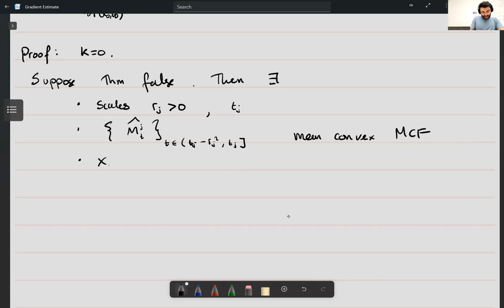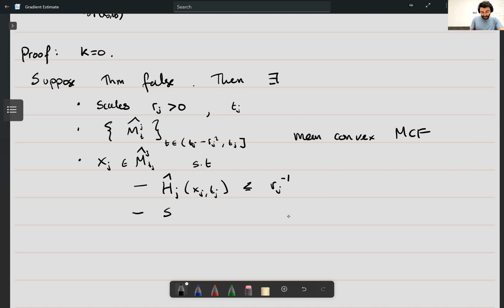And we have a bunch of points xj in M hat j, tj, such that it satisfies the first condition, which was h hat j at xj, tj is less than or equal to rj inverse, but doesn't satisfy the second condition on the curvature.